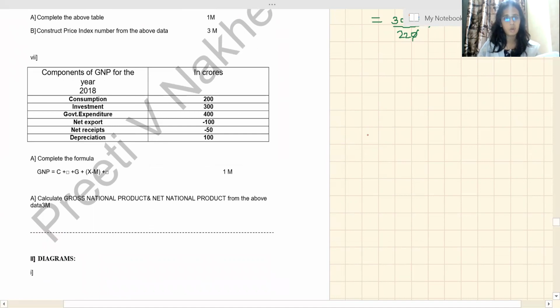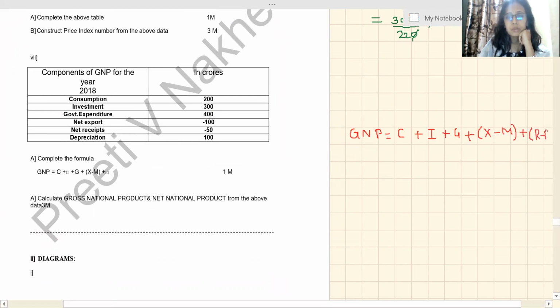See, they have given some fill in the blanks. Okay. GNP is equal to C plus I. I is missing, so the answer to the first question is C plus I plus G. This is for 1 mark, and the remaining is 3 marks. Okay, C plus I plus G plus X minus M. Again, one figure is missing, that is receipt minus payment.